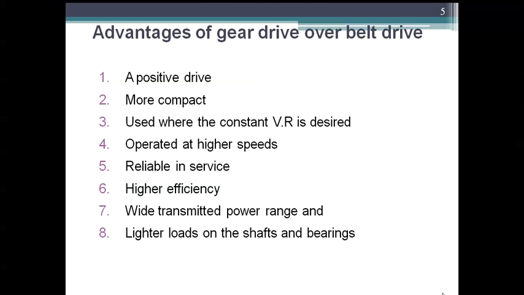And it puts lighter loads on the shafts and bearings. It doesn't have a high weight, so there is lesser weight on the shafts and bearings, so that there is no bending and no chance of wear out in the shafts and bearings.